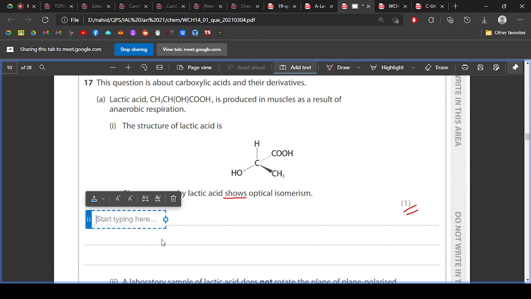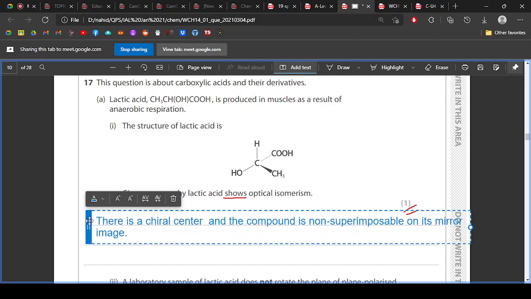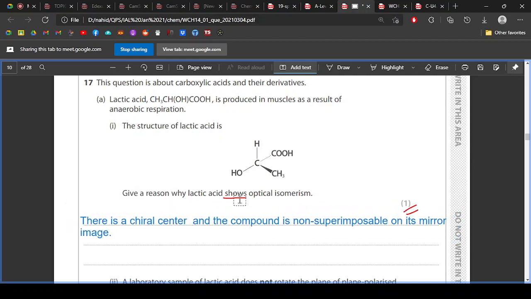So here we are going to say that there is a chiral center and the compound is non-superimposable on its mirror image. All right, this will be your answer for this question. Does this make sense?